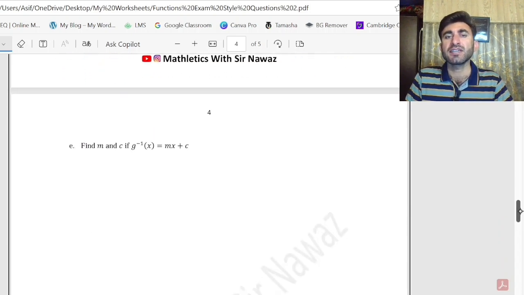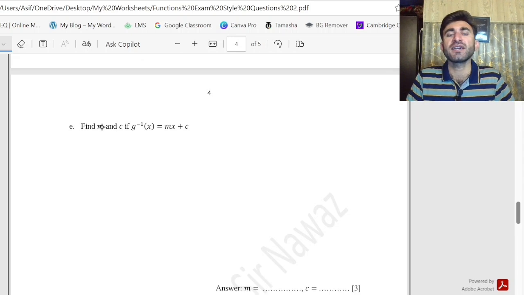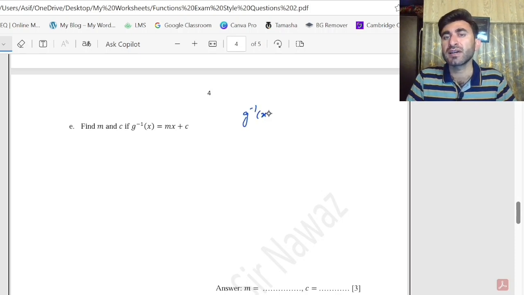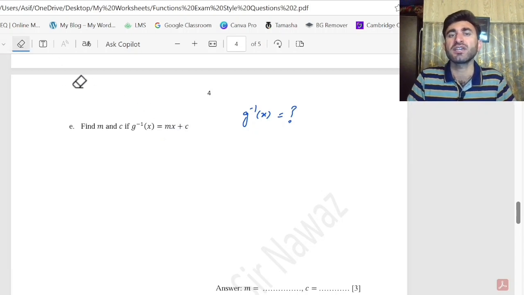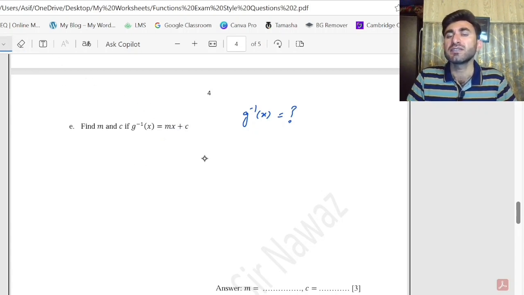Next, there is an E part, that is an important one, and it stated find m and c if g inverse of x equals mx plus c. So first we need g inverse of x, and then we will equate the g inverse of x with mx plus c. In order to find the g inverse of x, let us first consider g of x equal to a new variable.